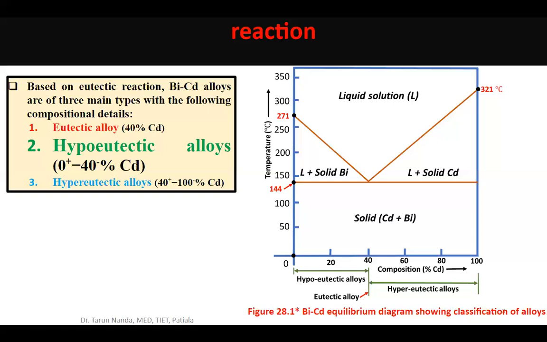So the entire thing present in the eutectic alloy just before the eutectic temperature will participate in the eutectic reaction. The entire thing would act as a reactant. There is no other phase present. As a result, what would be present just below the eutectic temperature would be only those things which have come because of the eutectic reaction.